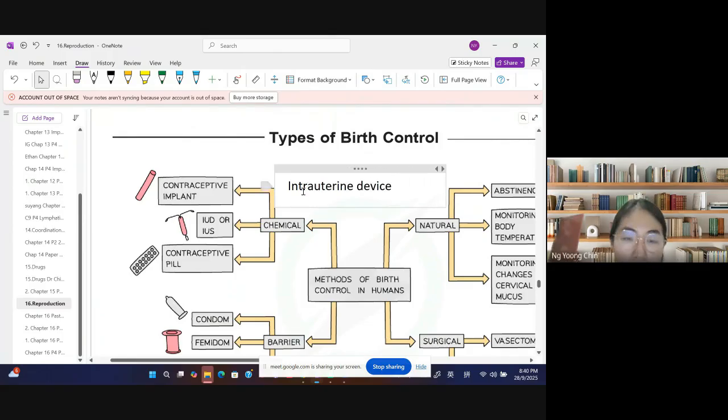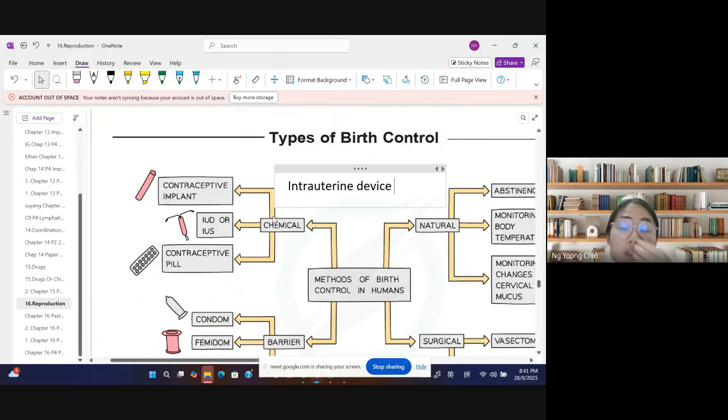The theory behind this chemical control is that they inject a very high amount of hormones into the body of the woman. If they can constantly maintain hormones, like progesterone or estrogen, at a very high level, they can totally inhibit the secretion of FSH and LH.